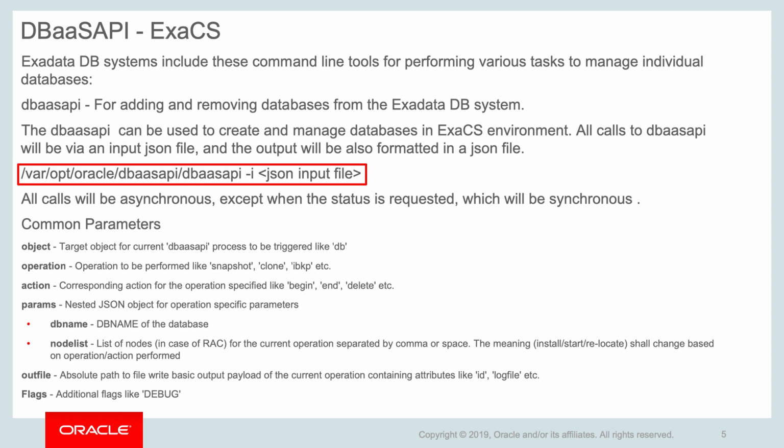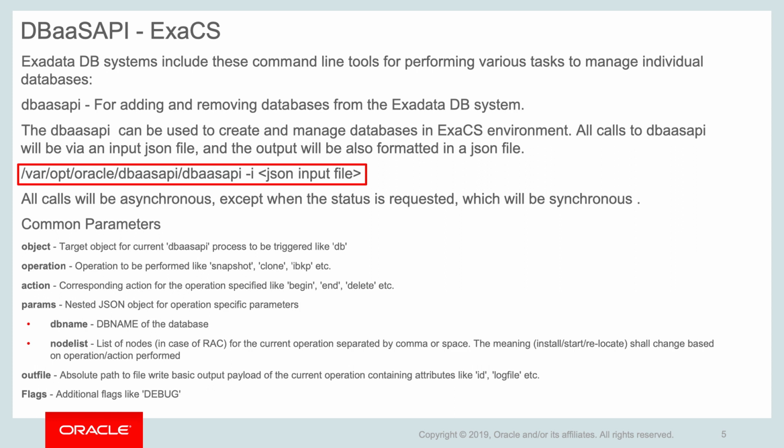The first one I'm going to start with is Debus API, and Exa database systems include these command line tools for performing various tasks. One of the tasks could be adding a database or removing a database from the Exa database system. Debus API can be used to create and manage databases in Exa Cloud Service, and all calls to Debus API are made via an input JSON file, and the output is also a formatted JSON file.